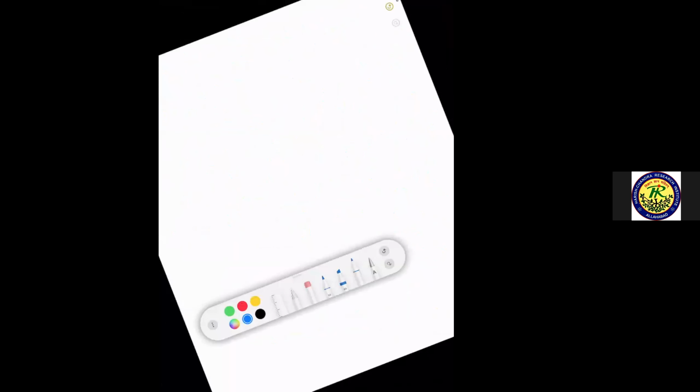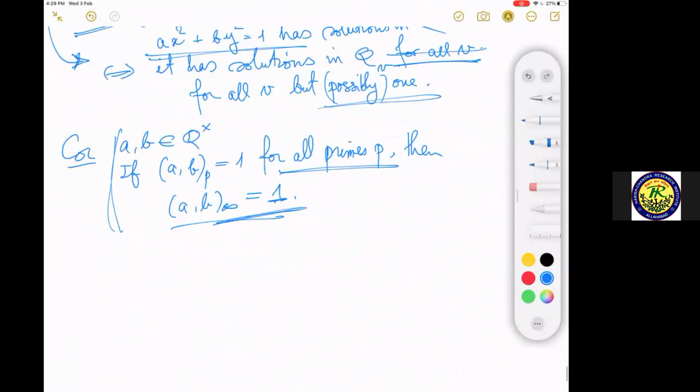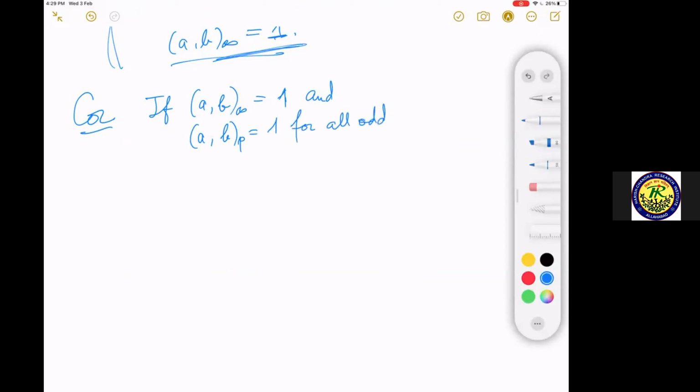So here is some space. If (a,b)_infinity is equal to 1 and (a,b)_p is equal to 1 for all odd primes.